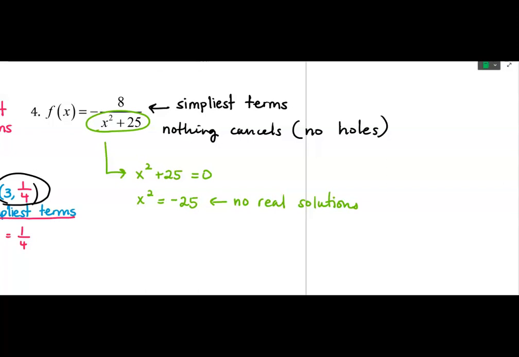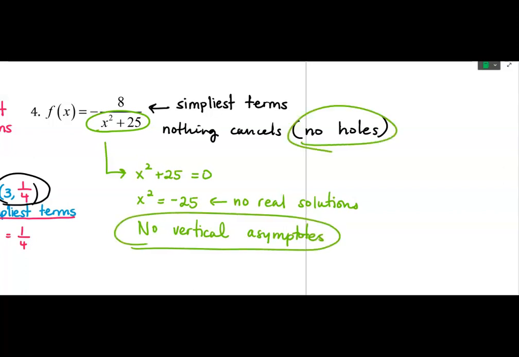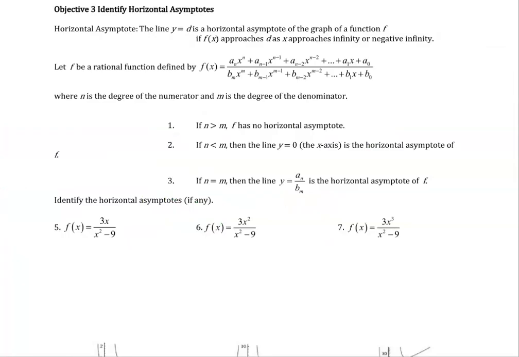But I cannot square root because we don't take square roots of negative numbers. So this rational function has no vertical asymptotes. So not every rational function will have vertical asymptotes, and not every rational function will have holes. Here's an example of a rational function that has no vertical asymptotes and no holes.